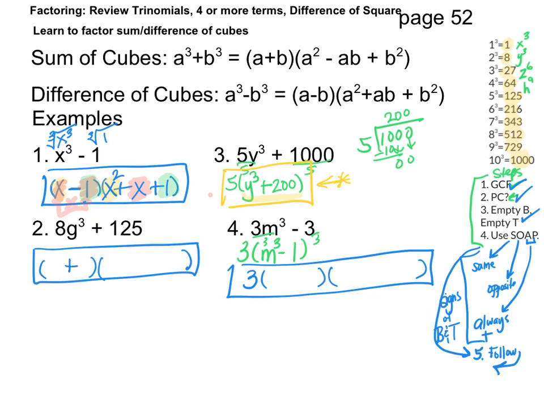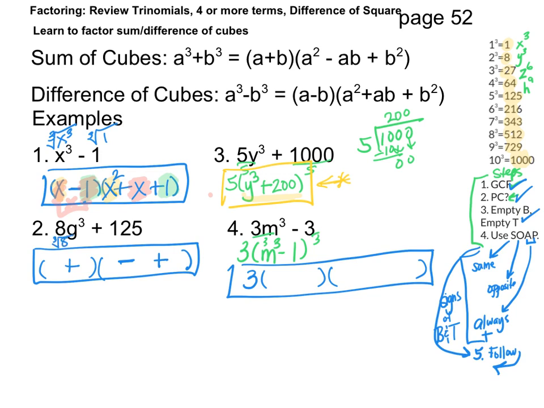This is a plus sign. This sign and this sign are opposites. So this is a plus, that means this is a minus. And then for the last one, this sign is always a positive.